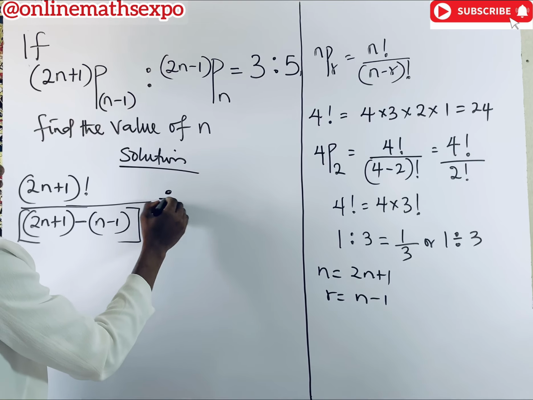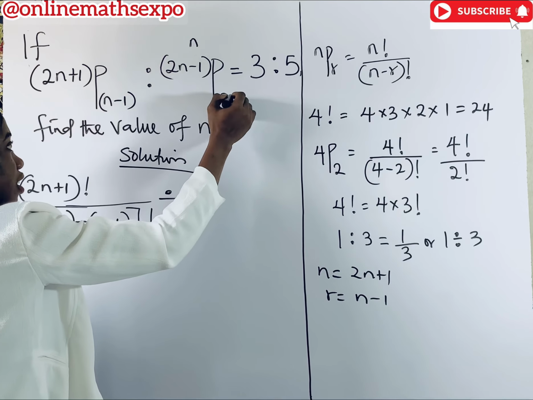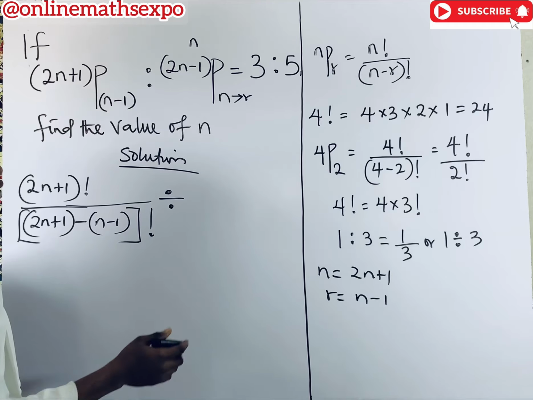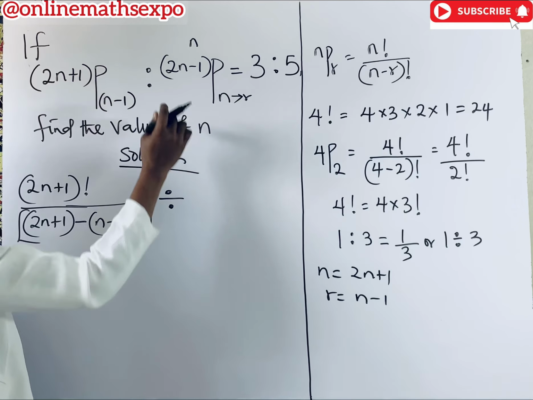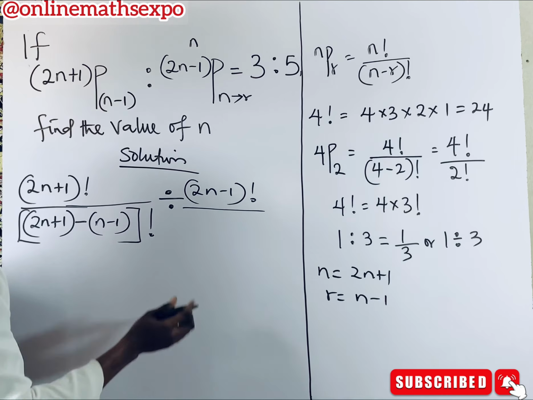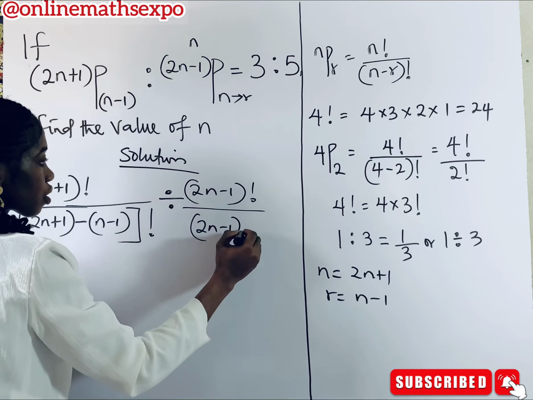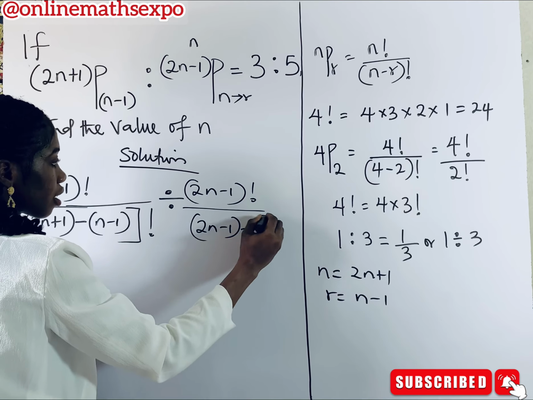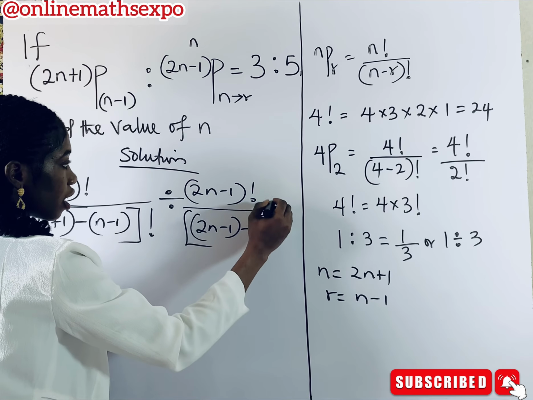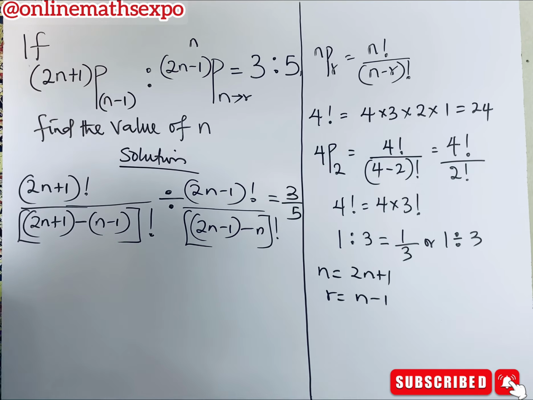So we have divided by, this will give us here, this is our n, and this will become our r. So use this formula also. We're going to have 2n minus 1 factorial over 2n minus 1 minus this, our r is n, factorial, is equal to 3 over 5.